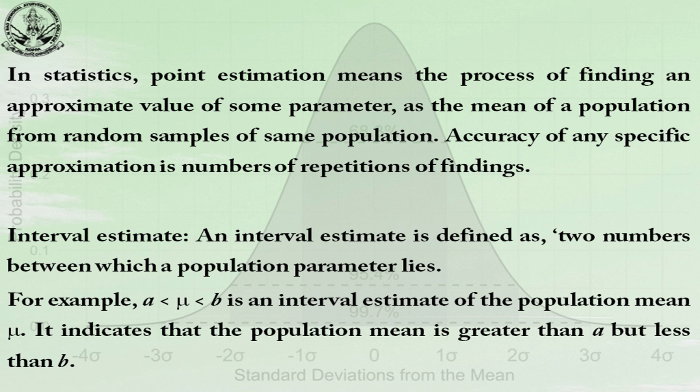Here you can see the two numbers are A and B. So it is shown that the mean mu is greater than A but less than B. This A less than mu less than B is an interval estimate of the population mean mu. It indicates that the population mean is greater than A but less than B.